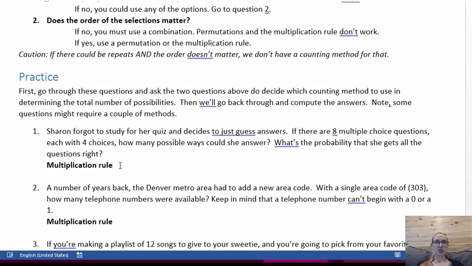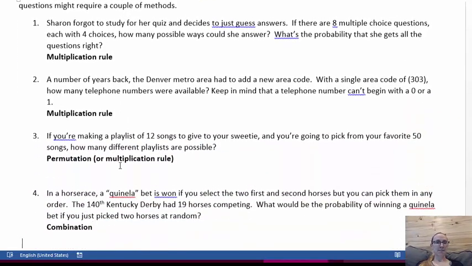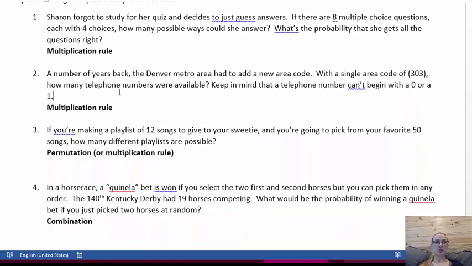So this would have to be a multiplication rule because we can repeat options. For number 2, we're looking at telephone numbers. Again, in a telephone number, you can repeat digits. It doesn't have to be all different digits. So this would also be a multiplication rule for the same reason.